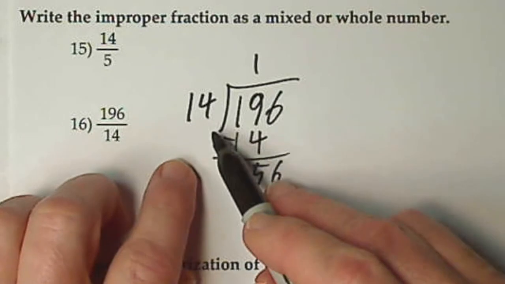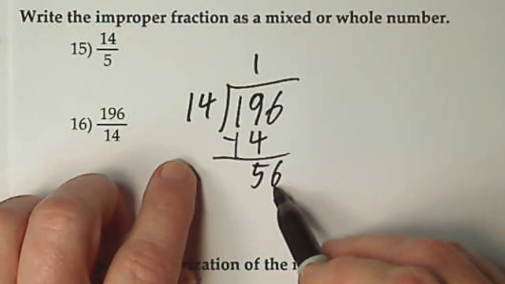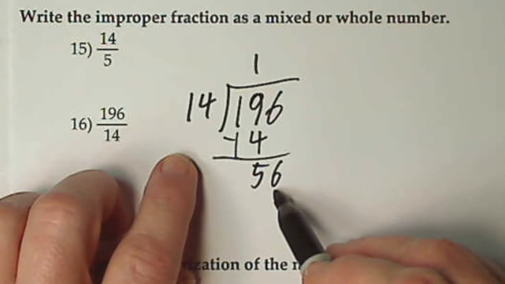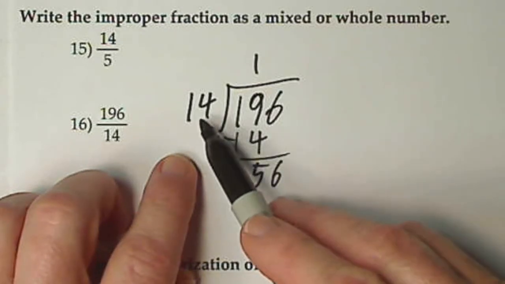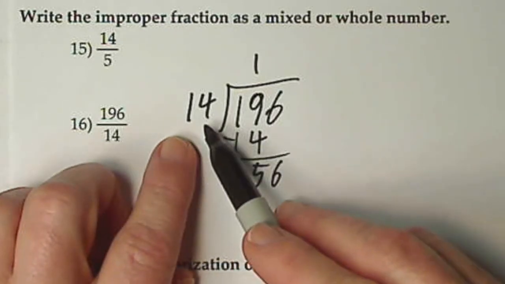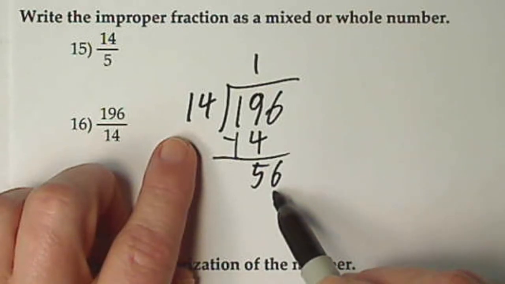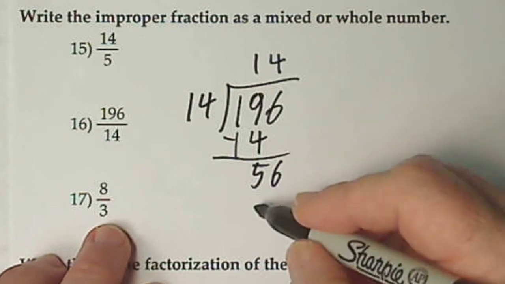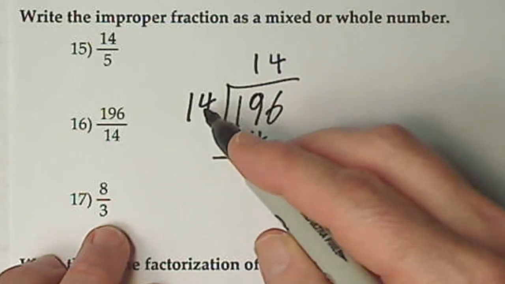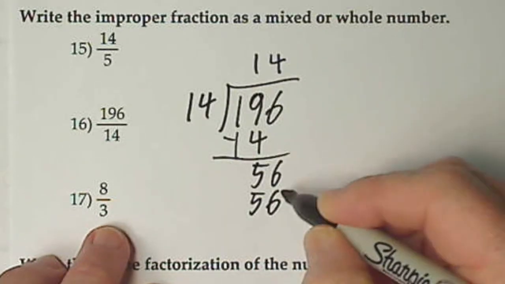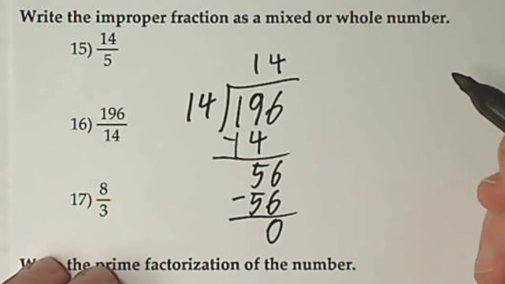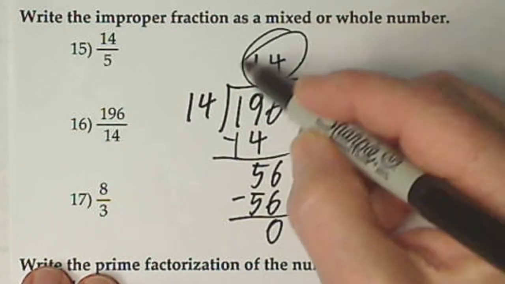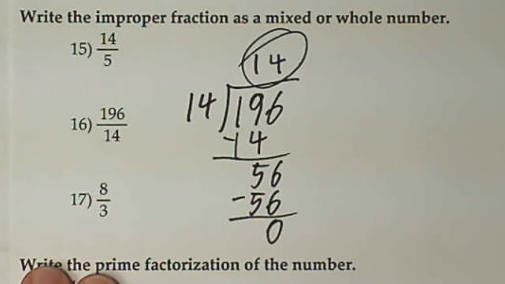But I'm really paying attention to the ones place and the ones place. 4 times 4 is 16. And so 4 times 10 would be 40, plus 16 would be 56. Okay? So that's 4 times. 4 times 14 is 56. Nothing left over. So 196 over 14 is 14.